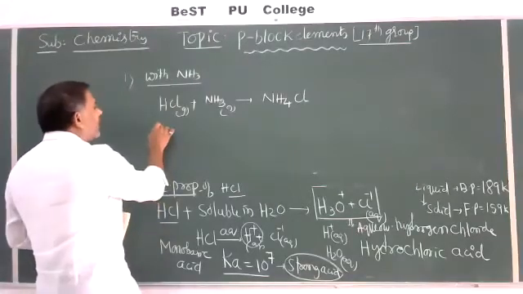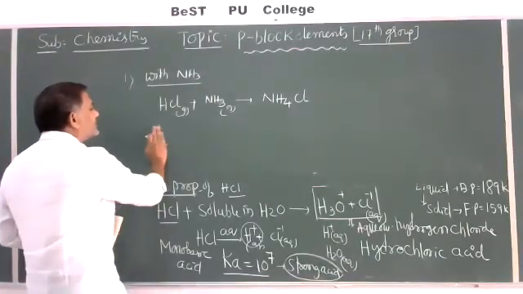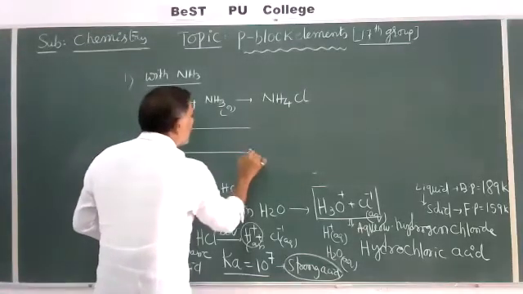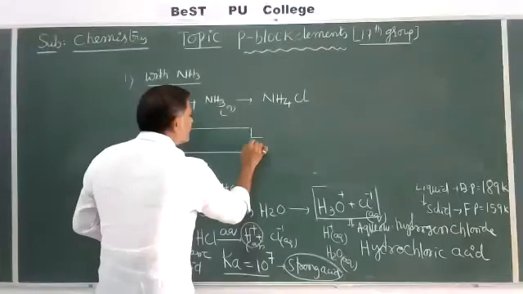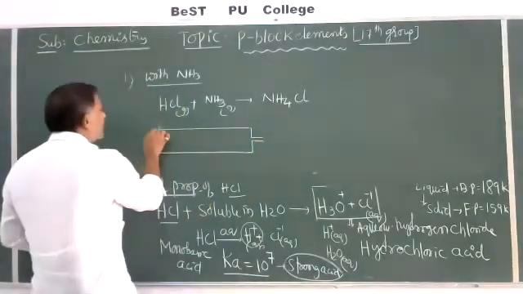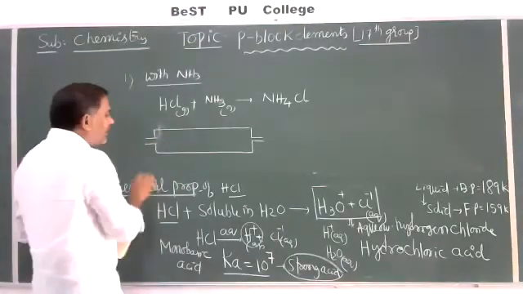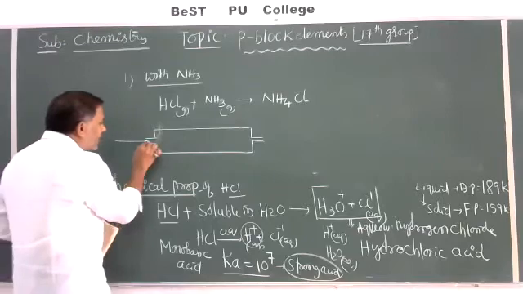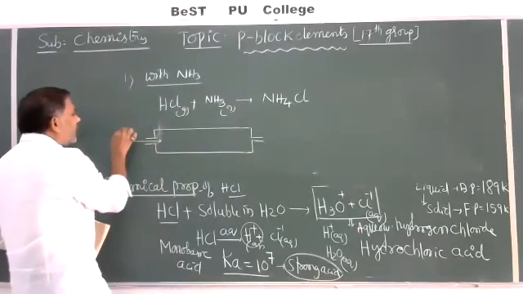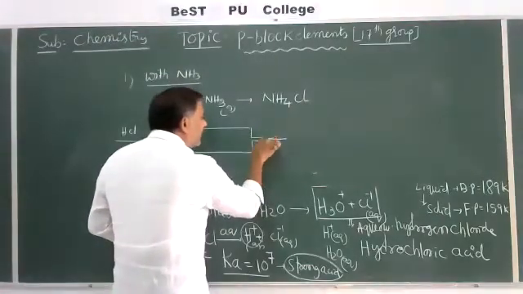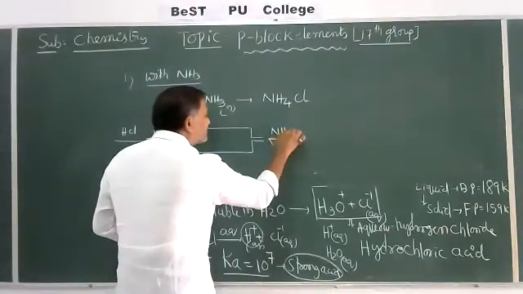One year a simple question was asked based on this. There is a copper tube connected to two inlets. Through one inlet hydrochloric acid is passed, and through the other inlet ammonia gas is passed.